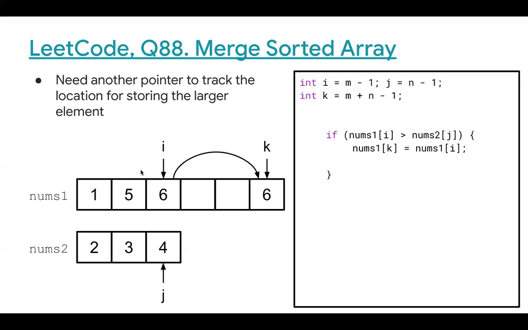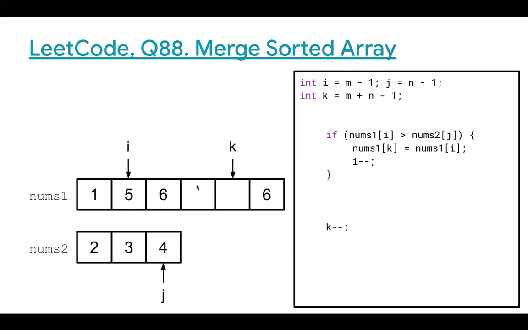So the larger element will go to the position pointed by k. Okay, and so after this step, i should move to the previous element, and k should also move 1 slot to the left, which is here. And so we can say i--, k--, right?